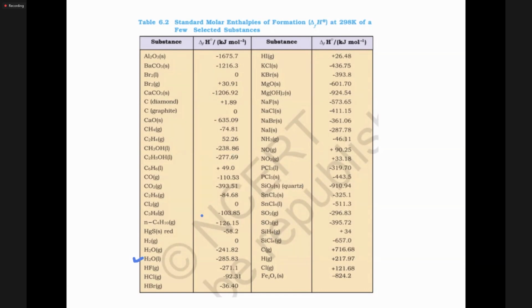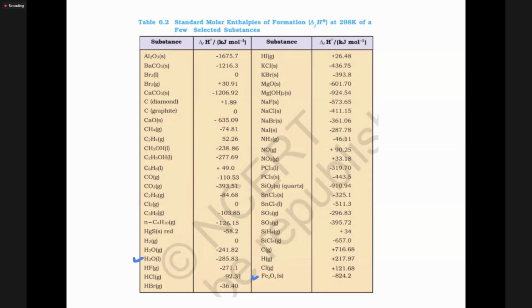The Fe2O3 value is minus 824.2 kilojoule per mole, which is over here. So we have 2 values already, for H2O liquid and Fe2O3. Also, we need the values for hydrogen and for iron. Now, in the last class, I told you that for any substance in its standard form, the ΔfH° will be 0.